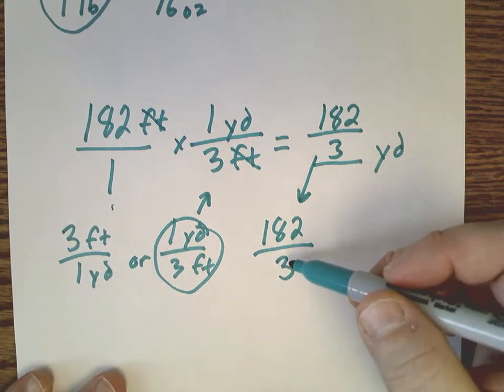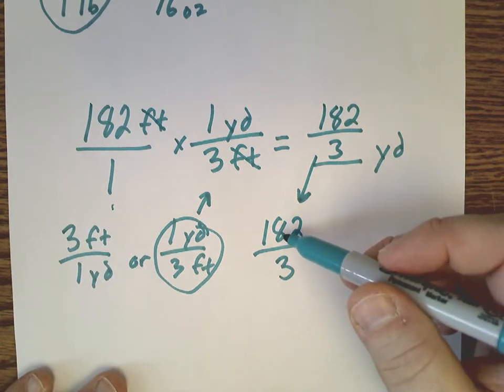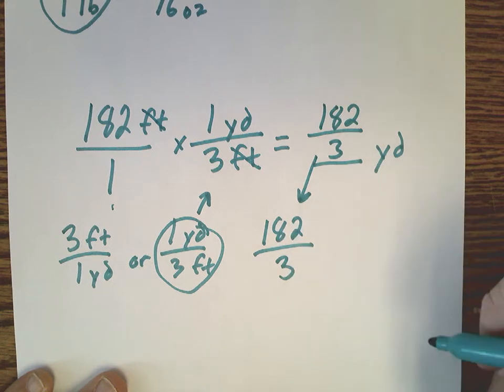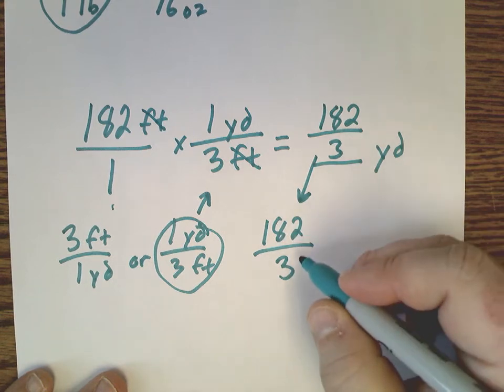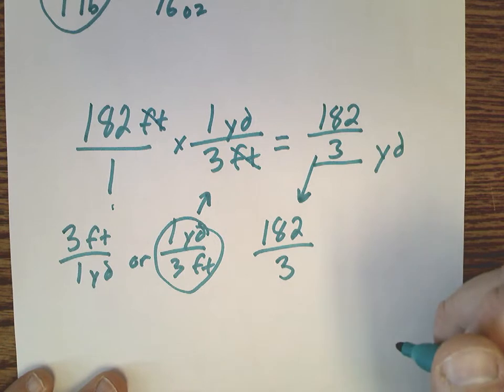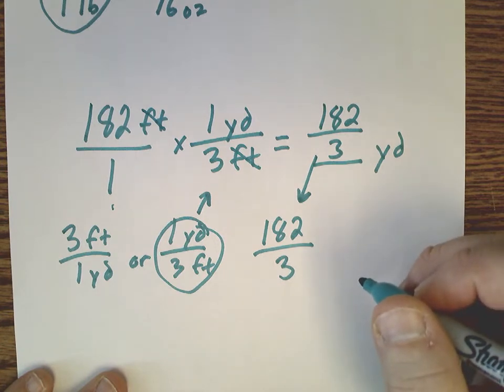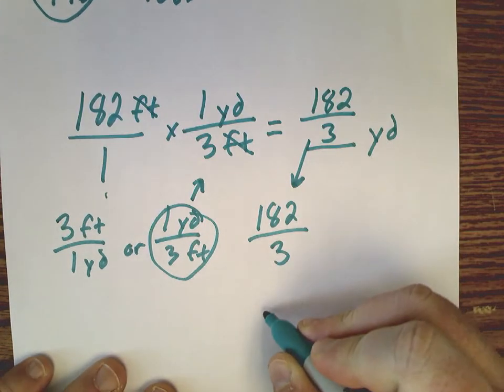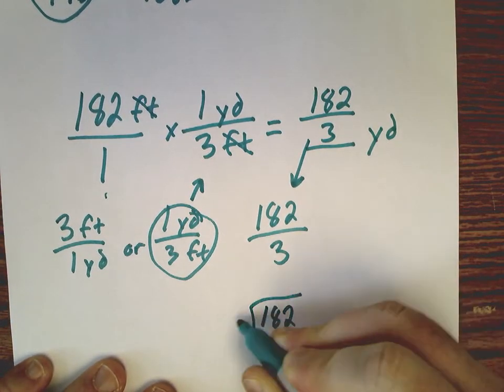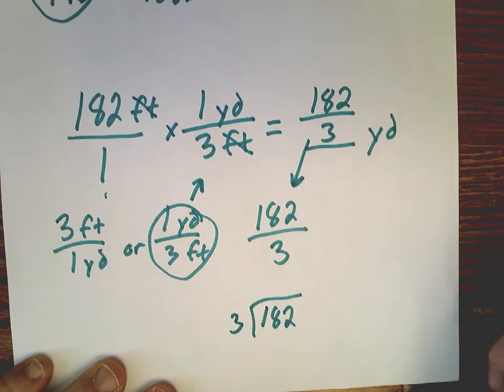However, 3 goes into 18, which means 3 goes into 180, which means 3 will not go into 182. So we are already simplified here. We just need to turn this improper fraction into a mixed number. So we can do 182 divided by 3 here to find out what that whole number is going to be.